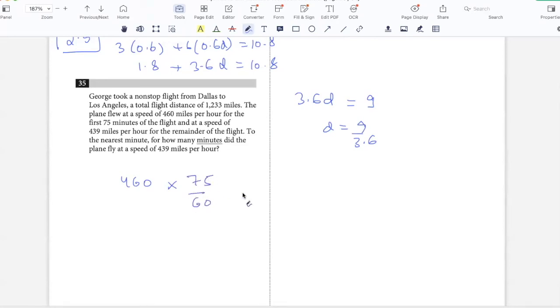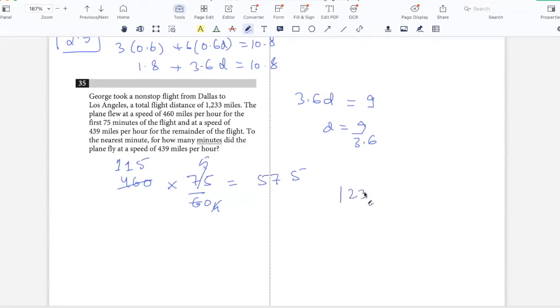That's 75 by 60 hours. So how much distance? That comes to 575. So this is the distance that he traveled at 460 miles per hour.